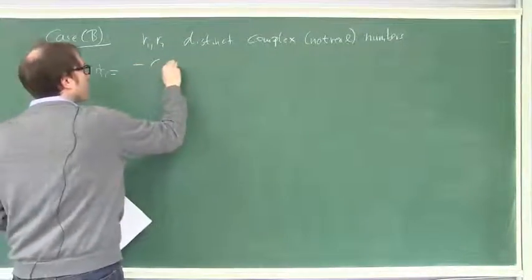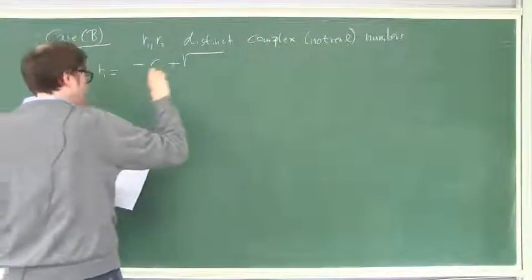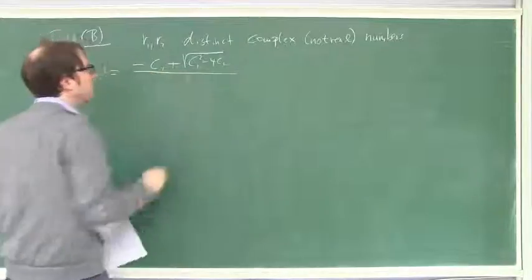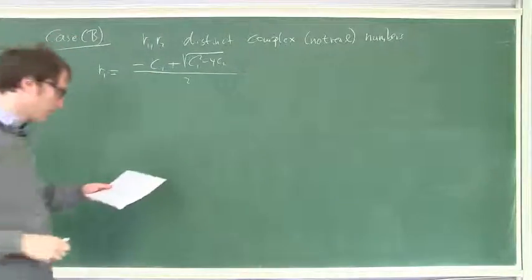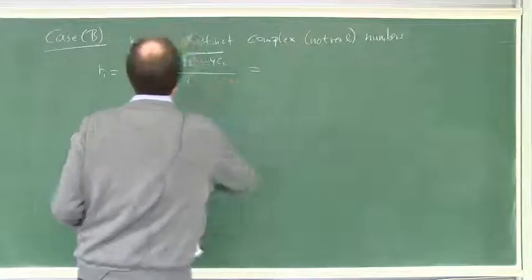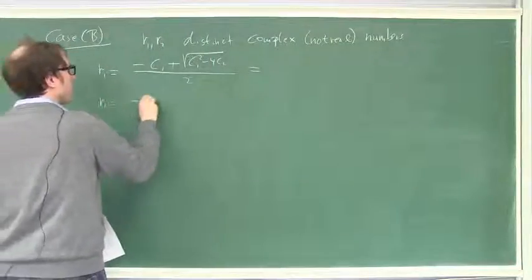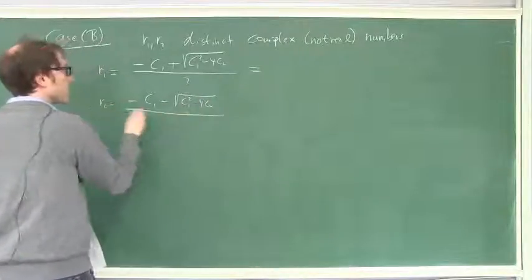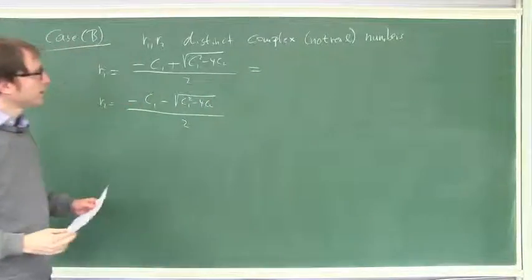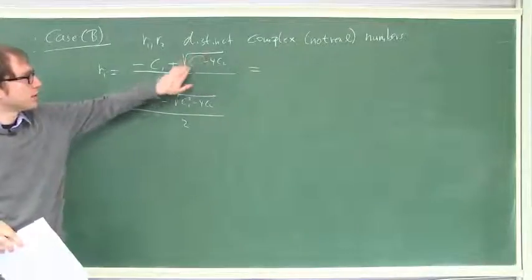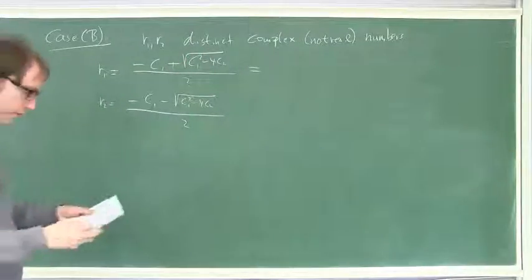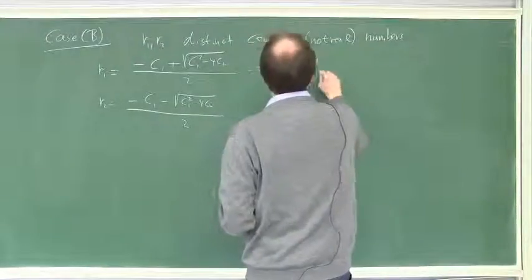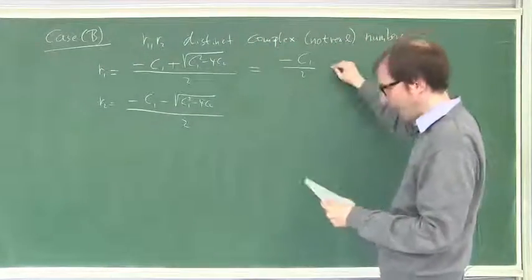It was minus C1 plus square root of the discriminant. This is our R1, and this was our R2. And this is now a strictly negative number, so you can now use the complex numbers to solve this. So we need i.